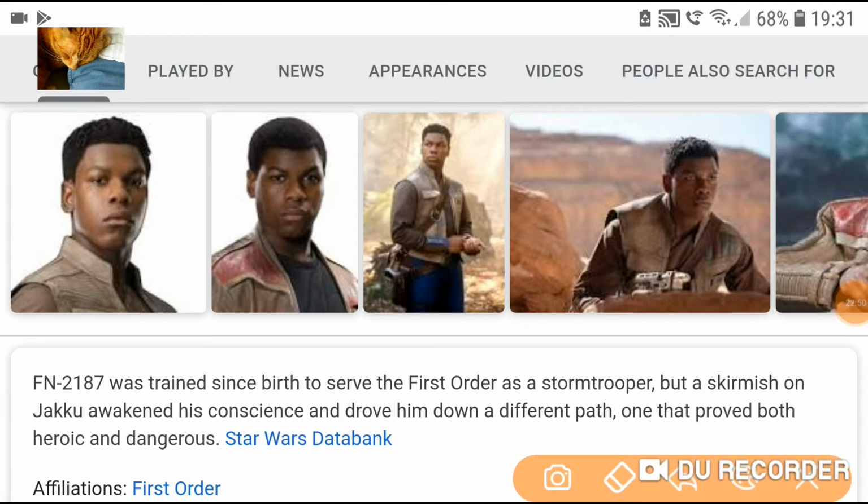Of course, most people will know this. First order of a Stormtrooper skirmish. That's significant. Awakened his conscience. Drove him down a different path. Conscience being awakened.